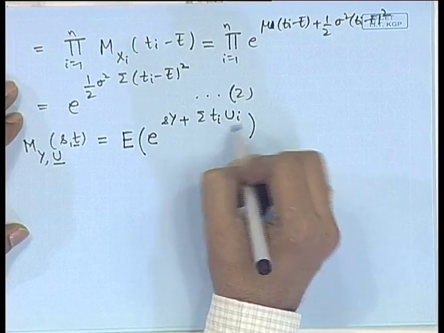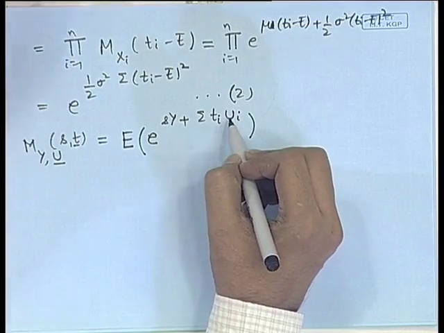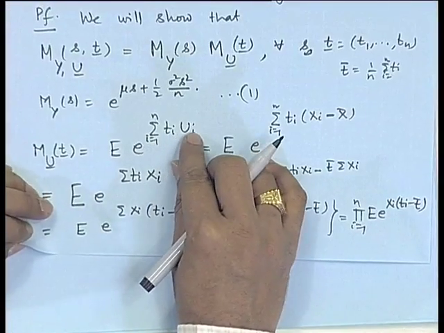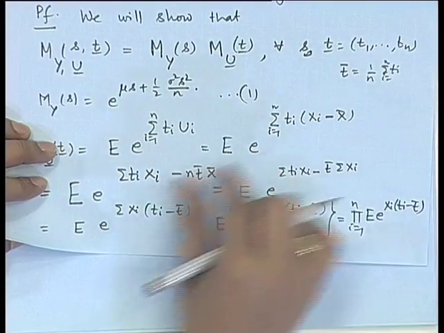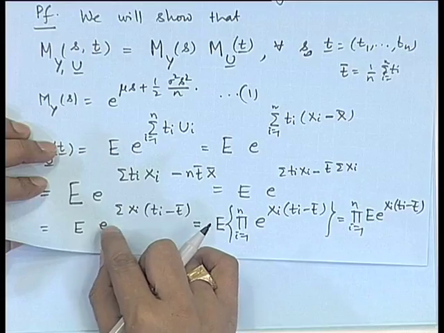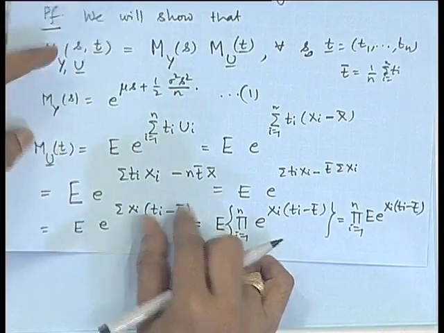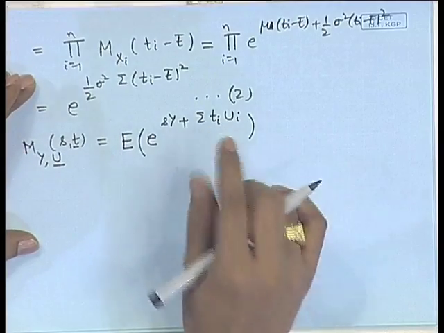The second term has already been simplified, that is e to the power sigma t_i u_i has already been simplified as e to the power sigma x_i t_i minus t bar. So, we will use that here.